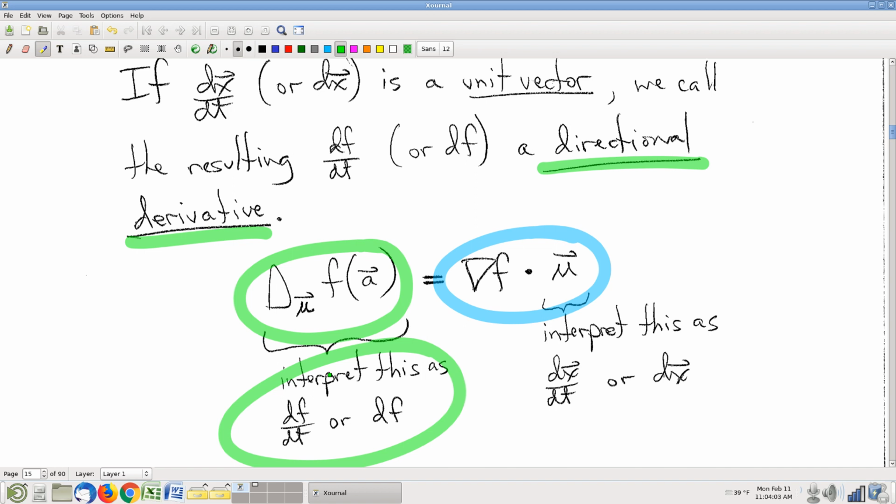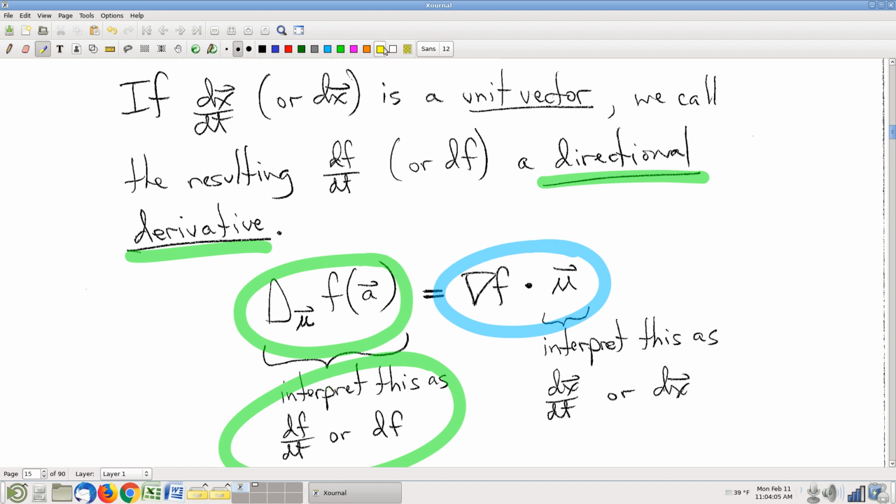Okay, here's the little asterisk. Per the book's definition, and this is not the only book that makes this choice, this vector u has to be a unit vector. Let me go to bat for the book here and explain part of the motivation. Look at the term directional derivative. How do we describe directions?